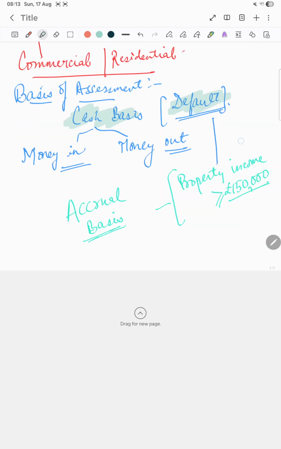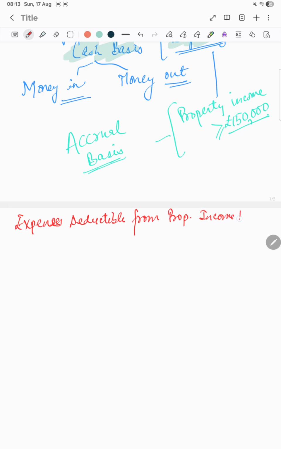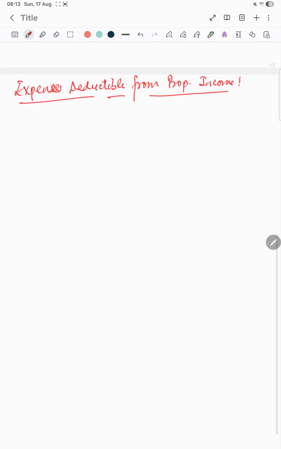Now, the next topic which we will be studying is what are the expenses deductible from property income. Now you tell me what could be the expenses from property income.